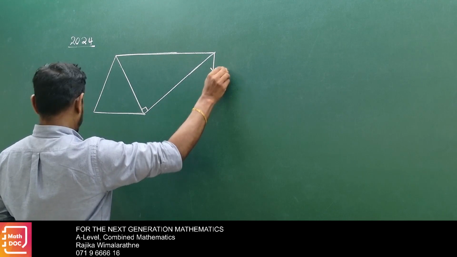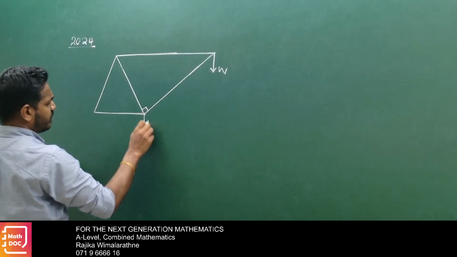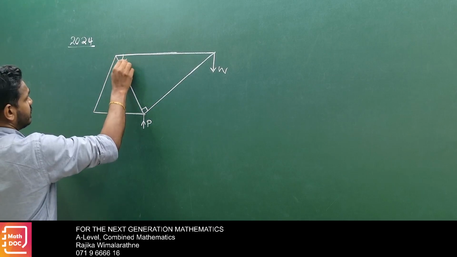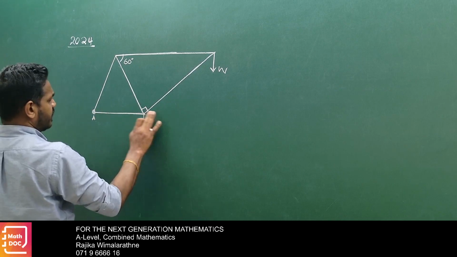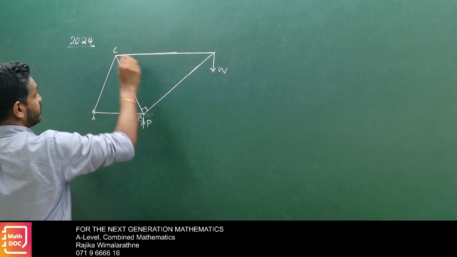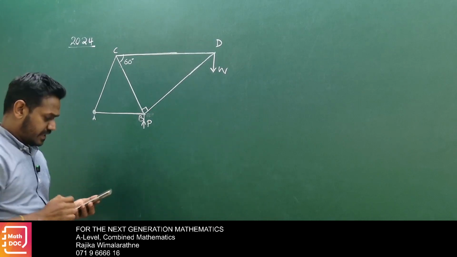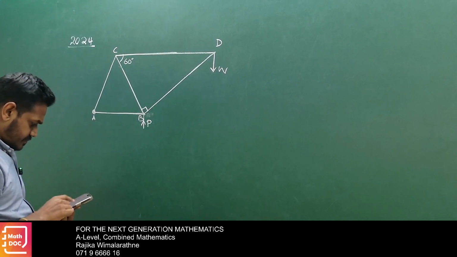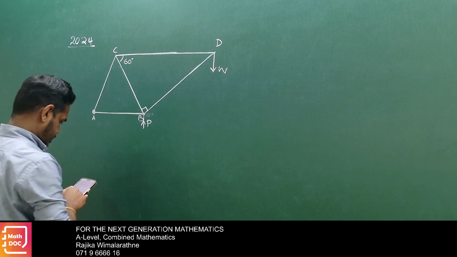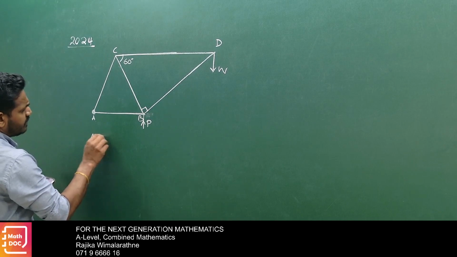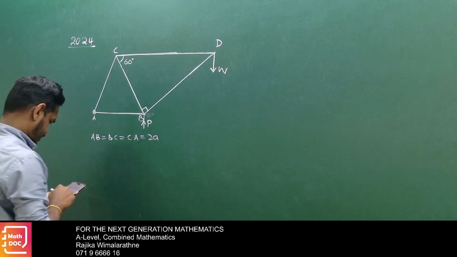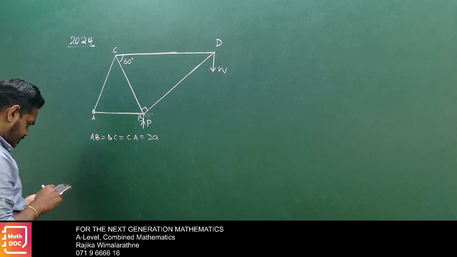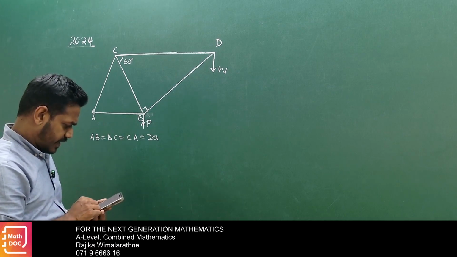Where W, upward P, here 60 degrees, hinges A, B, C and D. Okay, sketch this diagram. Here AB, BC, CA equal 2A.